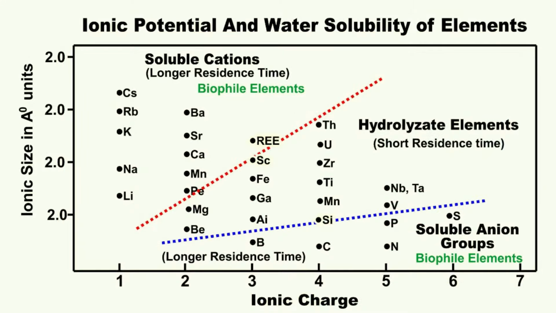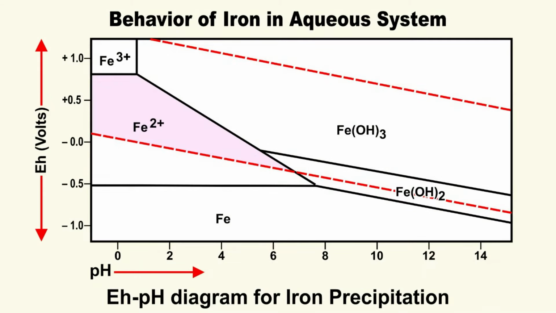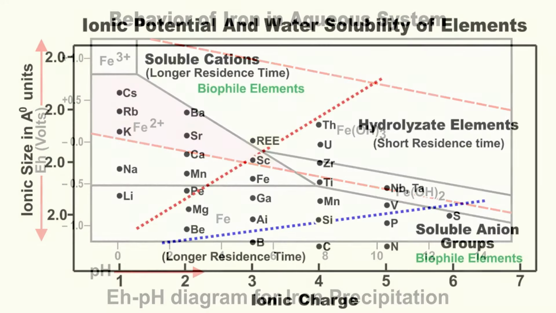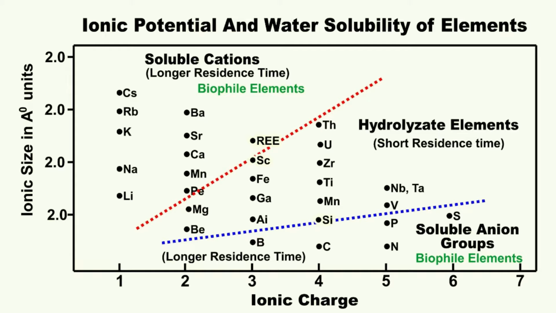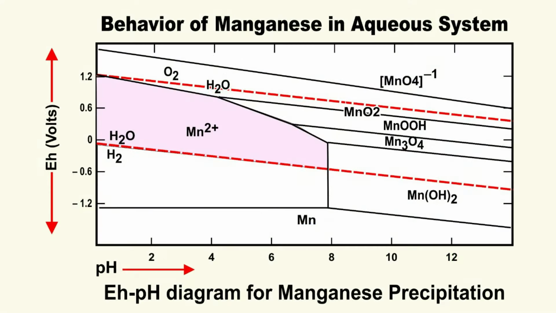Since for achieving their oxidized form, Fe+3, the ionic potential increases to 4.7, and for Mn+2 to Mn+4, it becomes 6.7. They precipitate as hydrolysates, therefore.